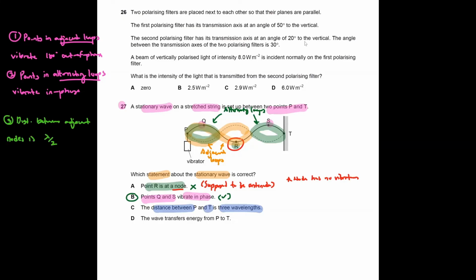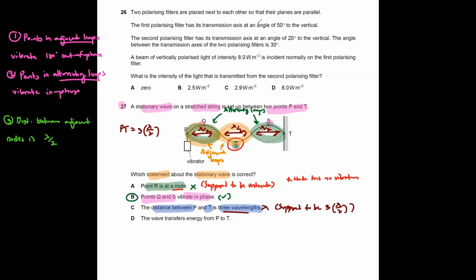So from here, this one is lambda over 2, this one is lambda over 2, this one is also lambda over 2. So distance PT is supposed to be 3 half wavelengths.